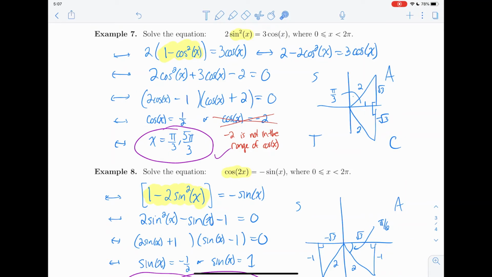It turns out that the double angle ones are usually the most common ones that you'll run into when trying to solve trig equations. So you should always be on the lookout for potential double angle formulas.